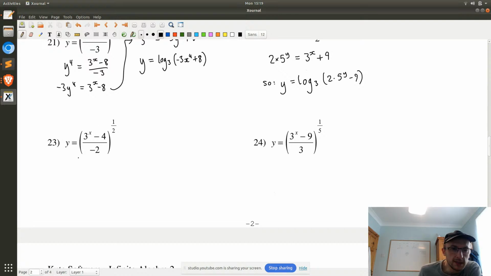Square both sides and multiply both sides by negative 2. So negative 2y squared equals 3 to the x. Add 4 to both sides and log base 3 of both sides, and then swap the variables. There.